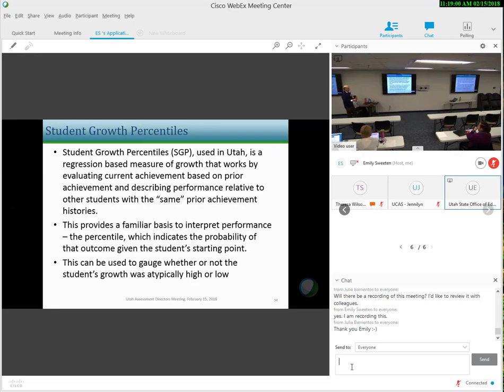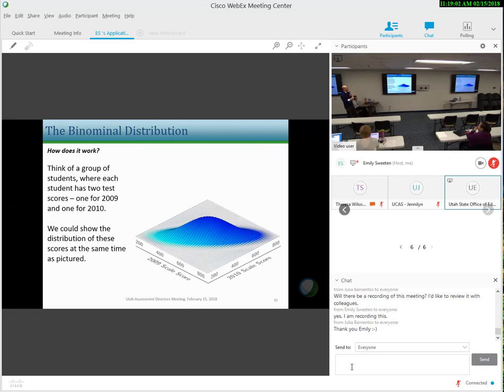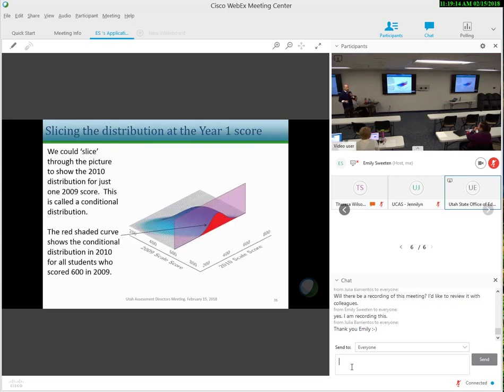And the picture is always better, right? So we have this distribution of 2 tests. This is 2009, 2010. This distribution, generally fairly highly correlated. And student growth percentiles simply slice the distribution at the 1-year score. It's like a cake knife. And you do that for essentially every score, or in this case, every percentile, 99 times.